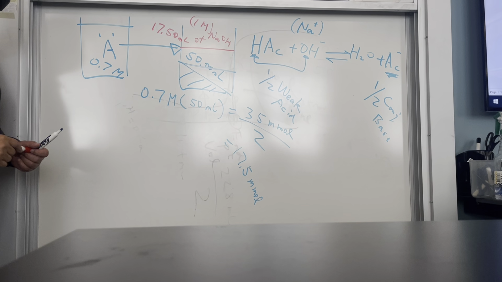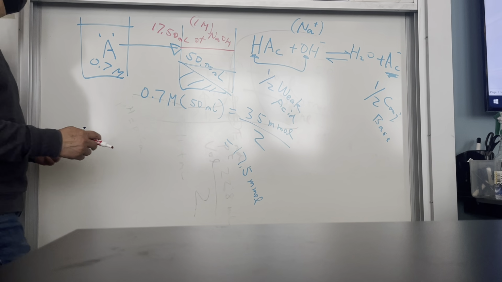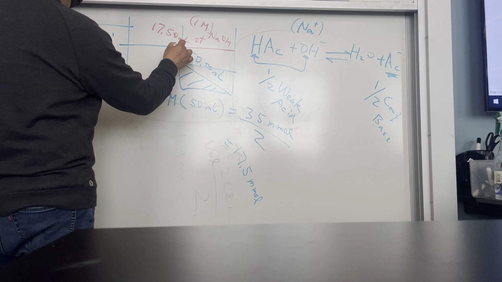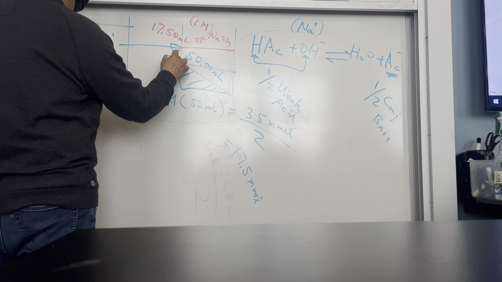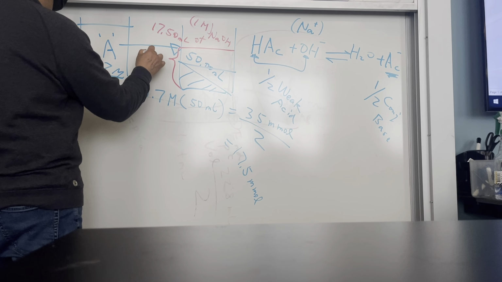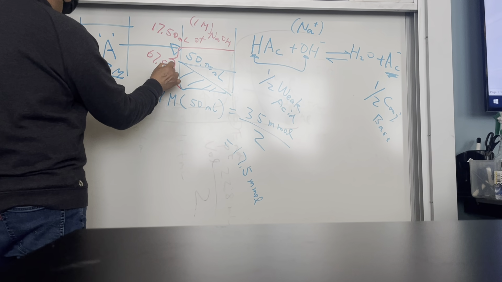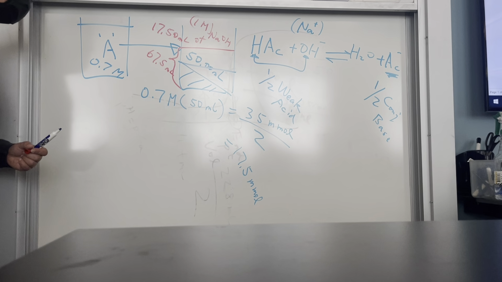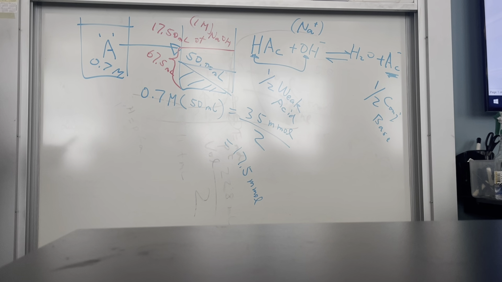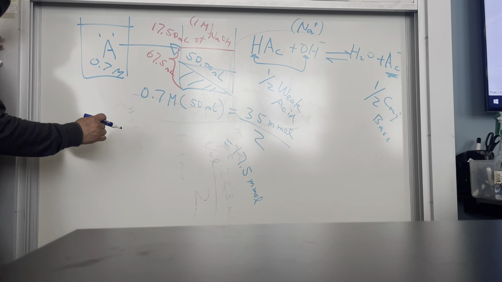So now we have neutralized this weak acid by half. But now the total volume is 67.5 milliliter. What's the concentration?